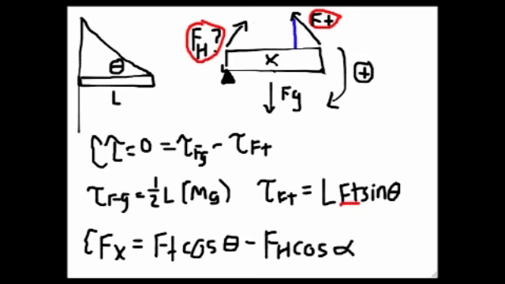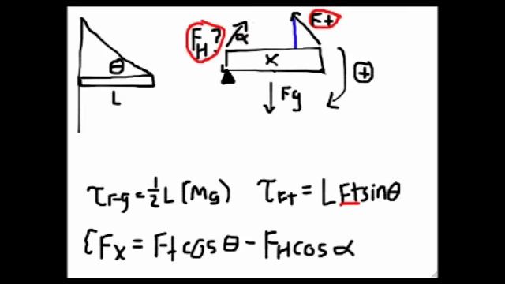We can express Ft in form of variables that we know. Using some rearranging, let's write an equation for Ft. Hopefully you can see how we've rearranged the torque of force G and the torque of Ft to make an equation for force of tension.